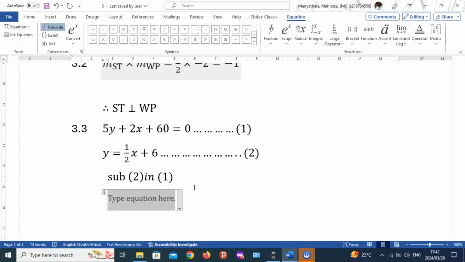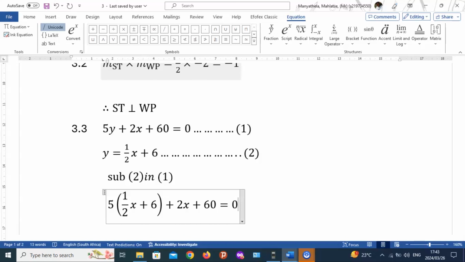I have 5 times y, which is 1 over 2x plus 6, plus 2x plus 60, which is equal to 0.